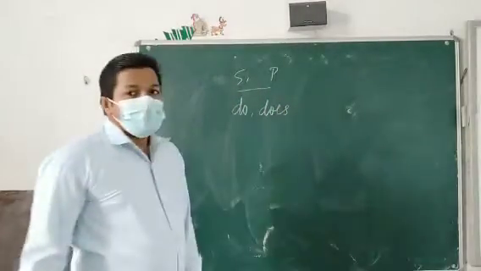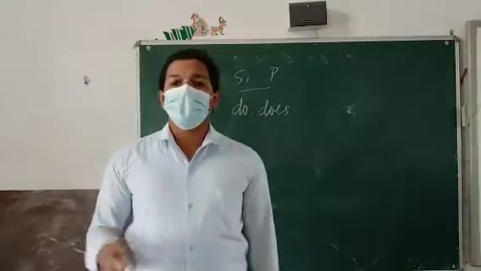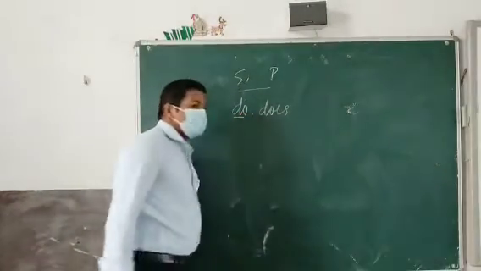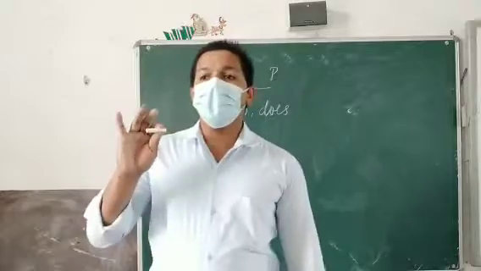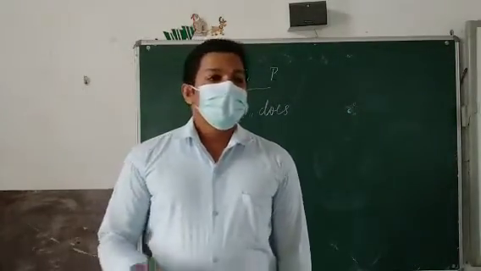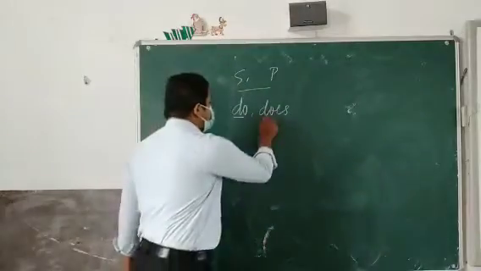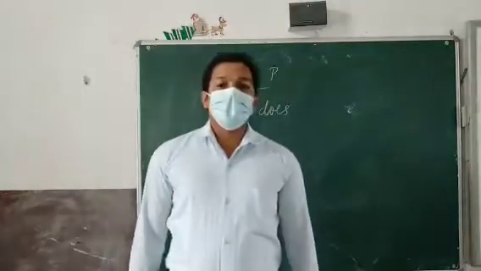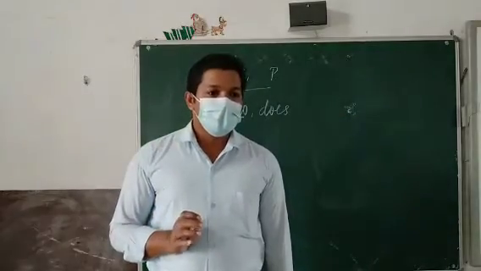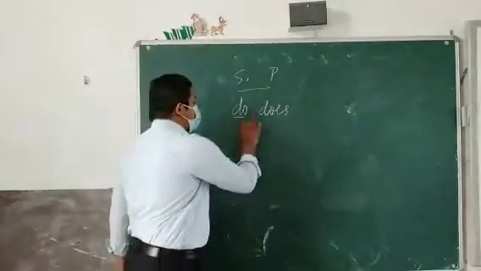Do is added with the verb when the subject is I, we, you, they. And does is added when the subject is he, she, or it. So this we have studied, and this we know.